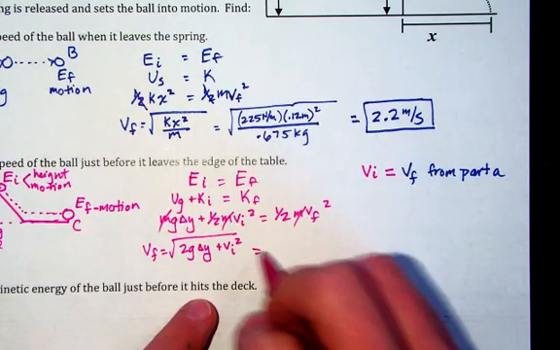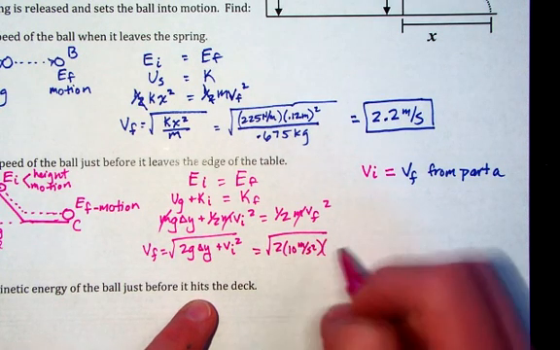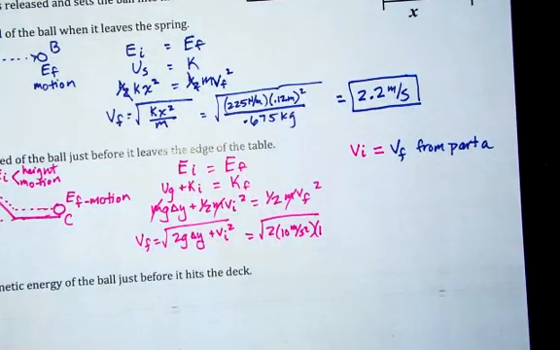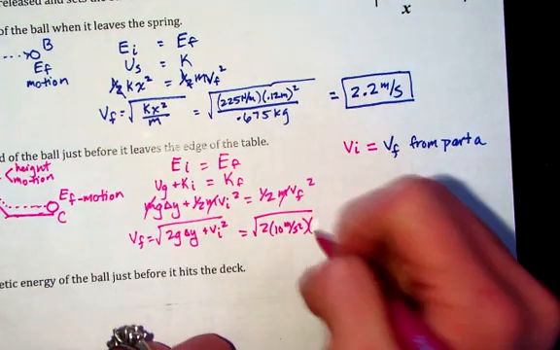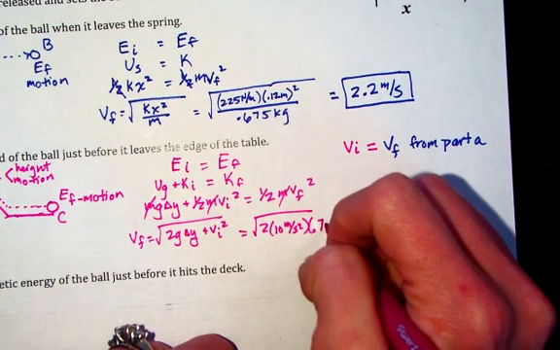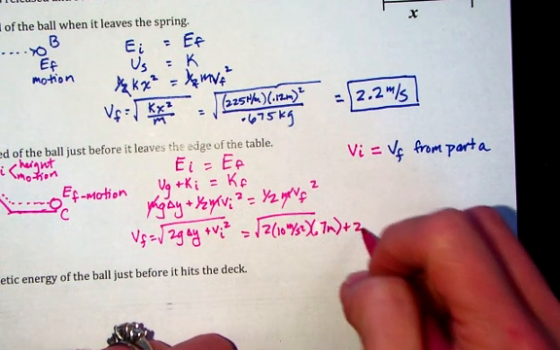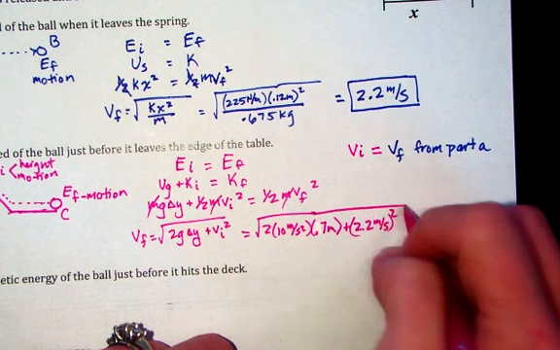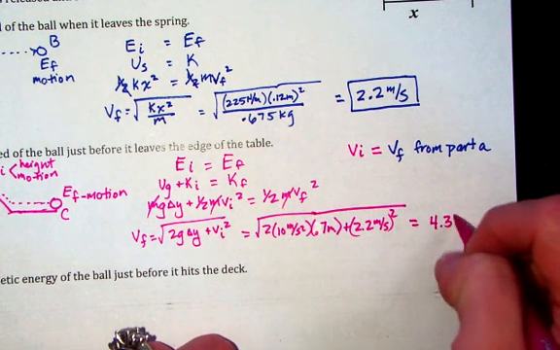So we have the square root of 2 times 10 meters per second squared times 0.7 meters plus 2.2 meters per second quantity squared. And when you plug all that in, you should get 4.3 meters per second.